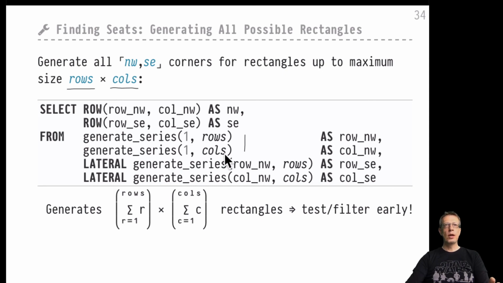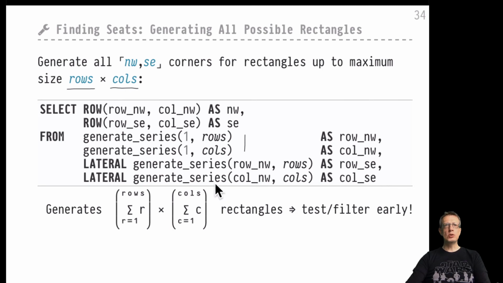Once we have these, we would generate all the southeast or bottom right corners by enumerating all the coordinates that are row-wise below the northwest corner and column-wise right of the northwest corner. And you can see how we achieve that.